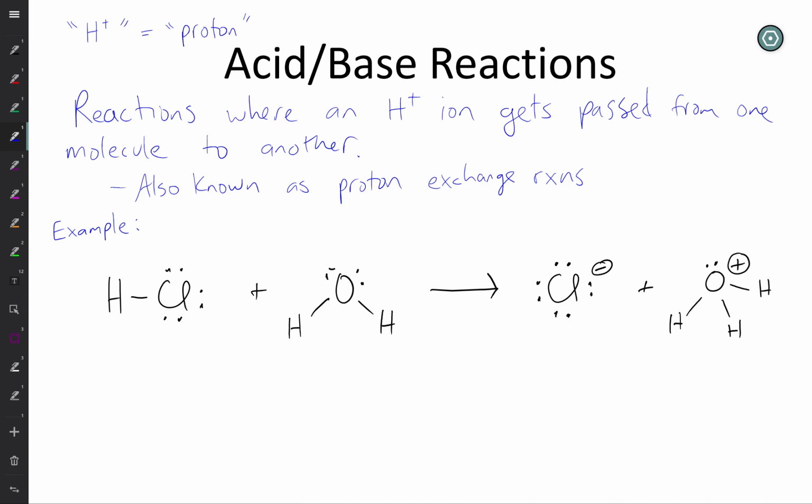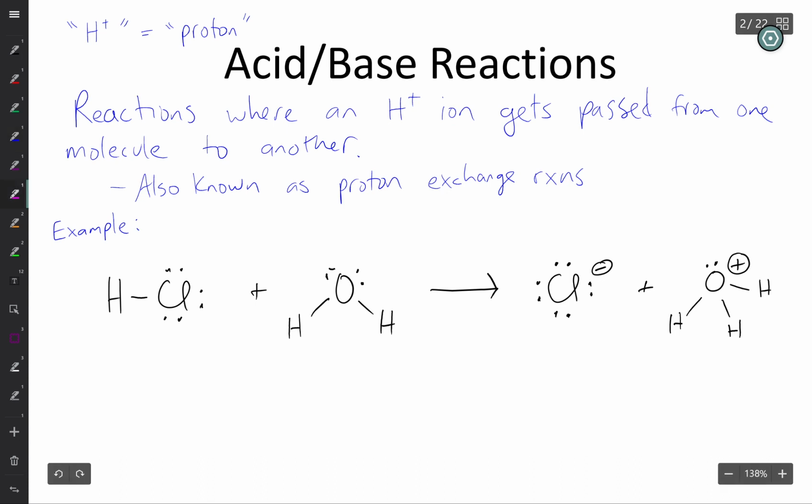When we draw curved arrows, we draw arrows from where to where? From negative to positive. So if I'm going to form a bond from oxygen to hydrogen, who's partially negative and who's partially positive? Oxygen's partially negative, hydrogen's partially positive.